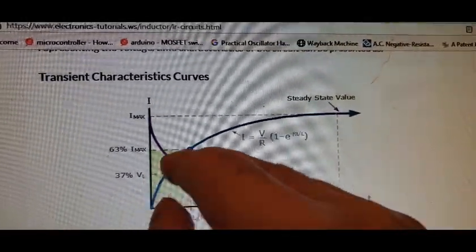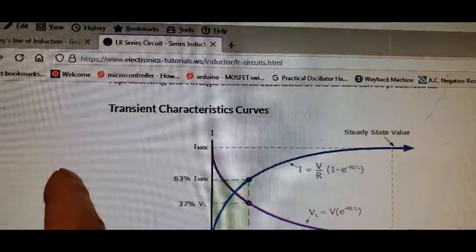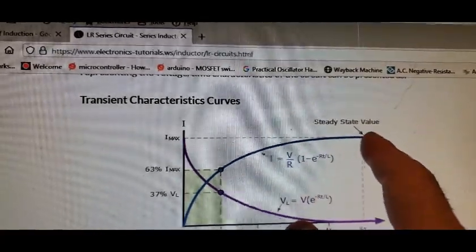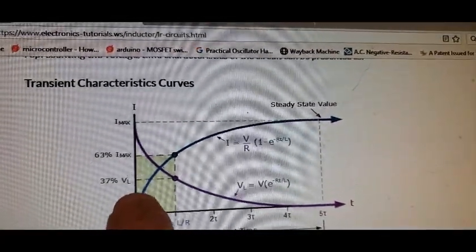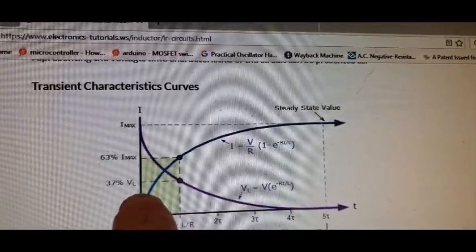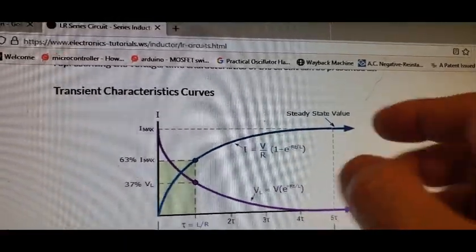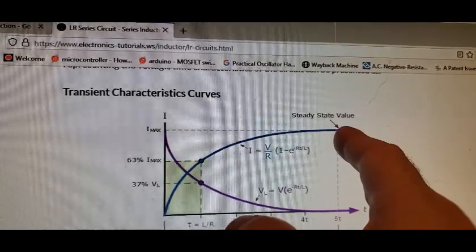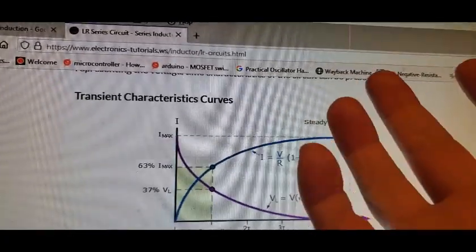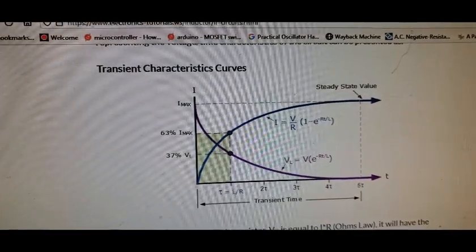Now your tau time is 100 times larger. So that same pulse, even though it's the same amount of time, is 100 times further down on here, which is where you want to be efficient. So that's why I'm saying yes, no, maybe, because the pulse time is absolutely dependent on your coil. I mean, it's just that straightforward.